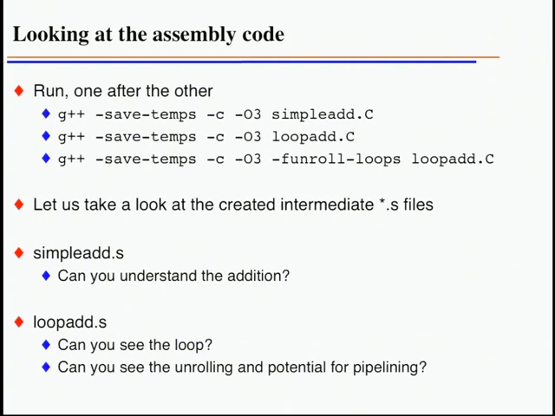More questions? Yes? Why did it do 8 operations and not more? Good question. So in the end, as I said, it's a compromise between the size of the code, which may impact performance, and the potential for pipelining. So the compiler decided that 8 is a good trade-off.